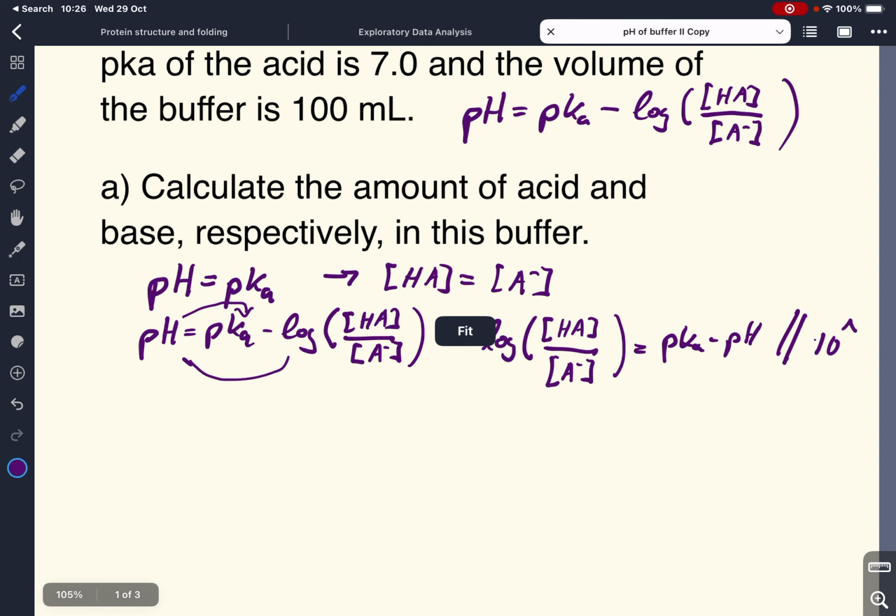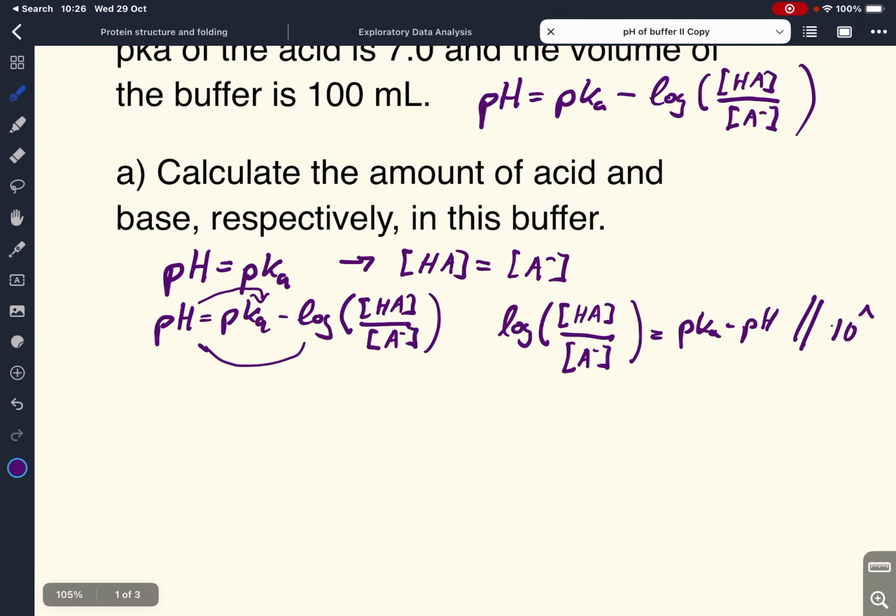Now, in order to get rid of the log, we take both sides of the equation 10 to the power of. And on the left-hand side, we've got 10 to the log, because we are log 10, of course, of the acid divided by the base equals 10 to the power of pKa minus pH.